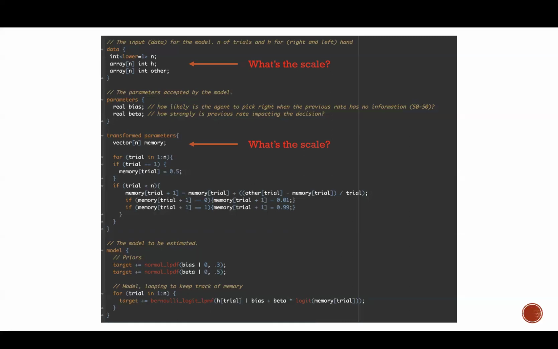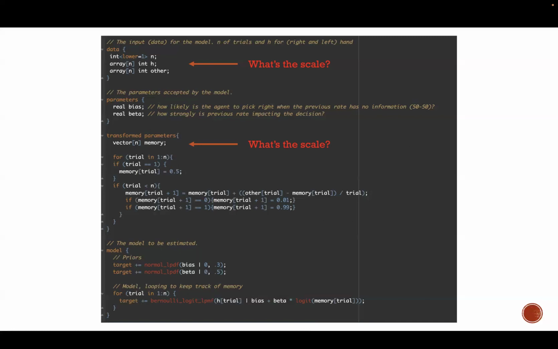If the trial is number 1, then memory should be put at 0.5. There is no memory, no evidence for the one or the other. If the trial is above 1 and less than n, and I can't remember why I had to put, oh, because the last one is a bit tricky, yeah.